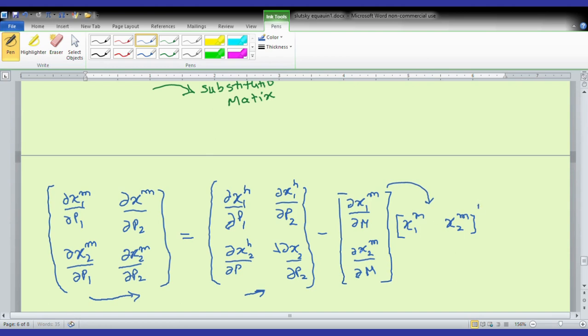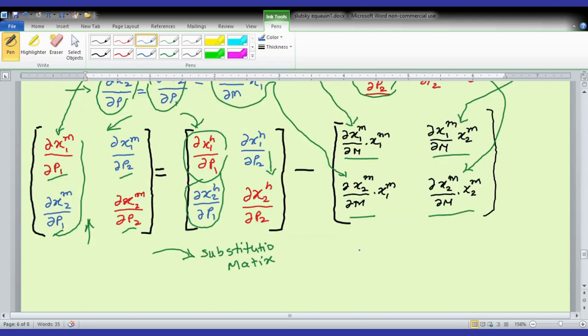See that this is the vector of partial derivatives of Marshallian demand functions with respect to income, and this is the transpose of the vector of the Marshallian demand functions, and if you take the product of this vector and this transpose of the Marshallian demand function vector, you will get this last matrix back.